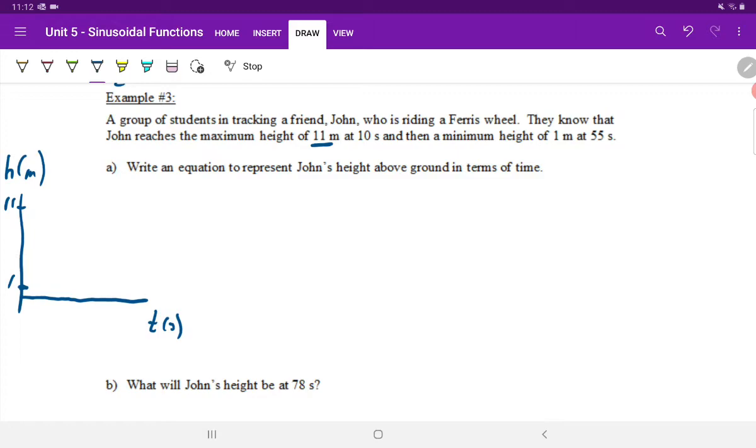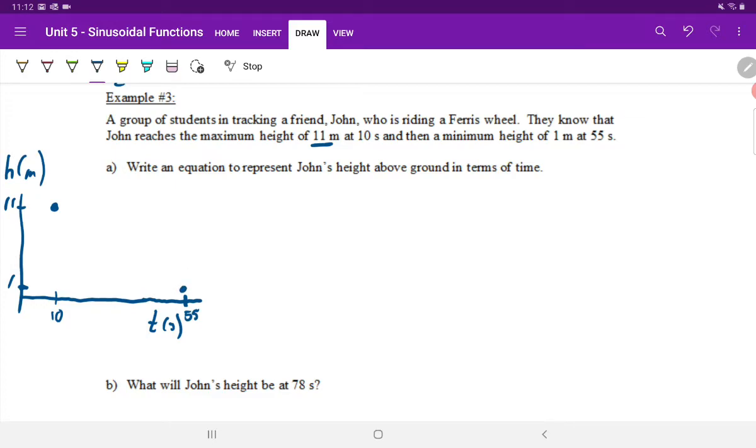After 10 seconds have gone by, John is at the top of the Ferris wheel. He's at 11 meters. And then a minimum height of 1 meter at 55 seconds. So 55 seconds, that's going to be way out here, right down there.